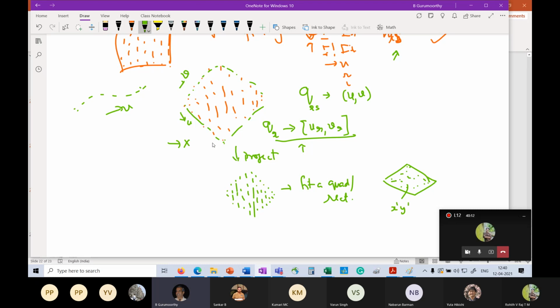You start with an x, y, z. Then you get an x prime, y prime, and then you find the rectangle around that. And then you squish this quadrilateral to form a unit square.